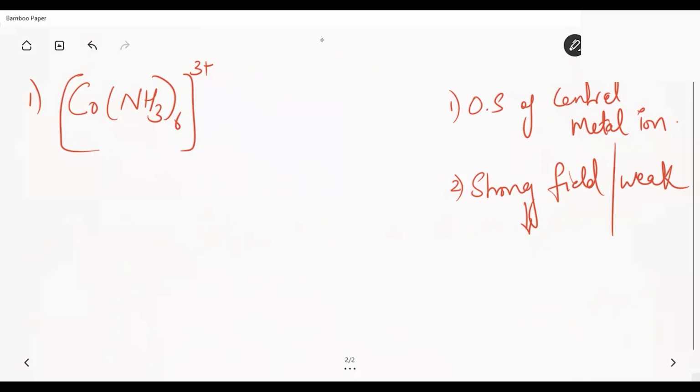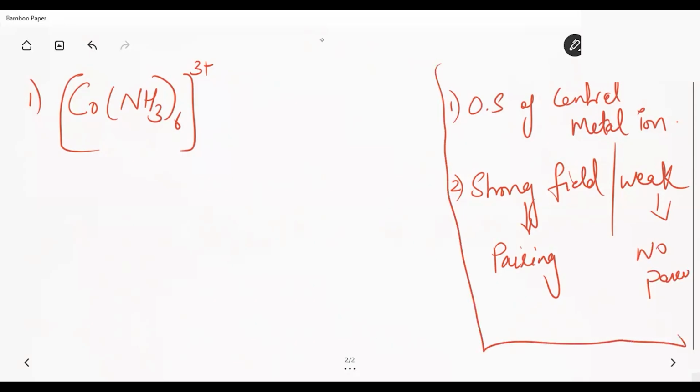Likewise, whenever strong ligands come, the metal has to give place to those ligands, so pairing will happen. If weak ligands are coming, no pairing takes place. This is what you have to remember before going through the questions on complexes.